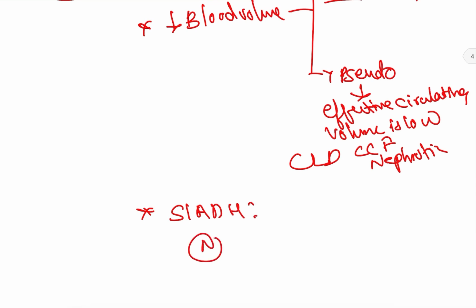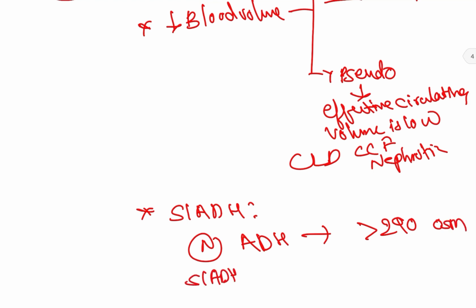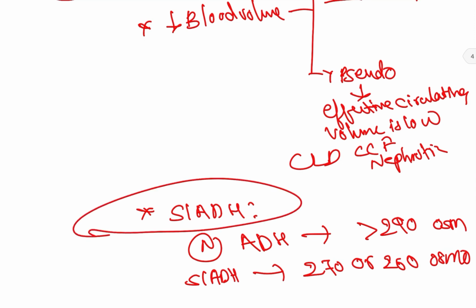Normally ADH is secreted when osmolality increases above 290 osmoles per kg. But in SIADH, ADH may be secreted at 270 or 260 osmolality. That is, even when osmolality is low, ADH is secreted. This is called SIADH.